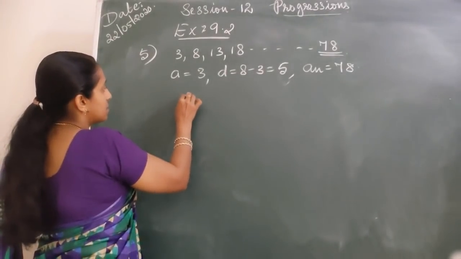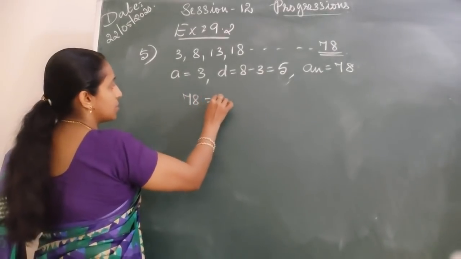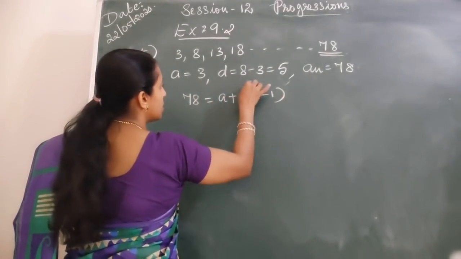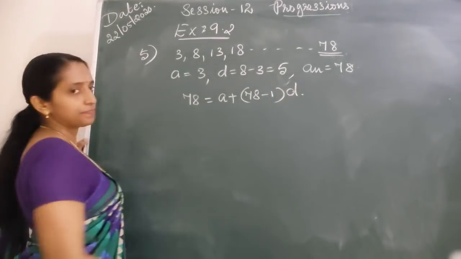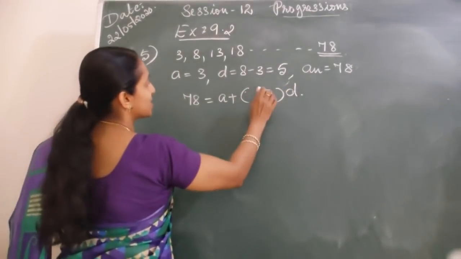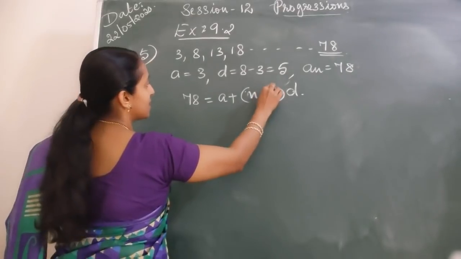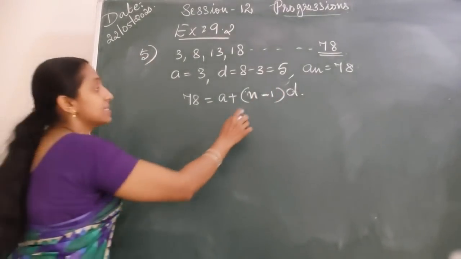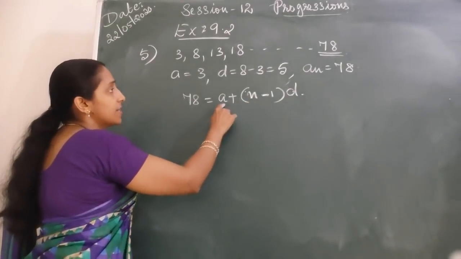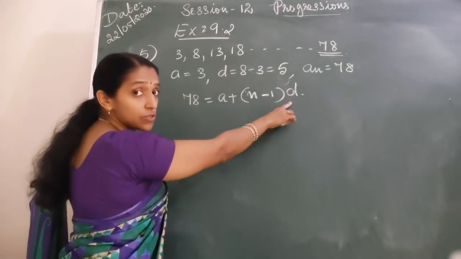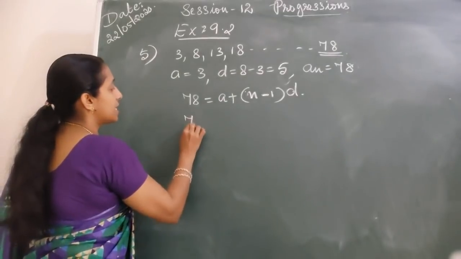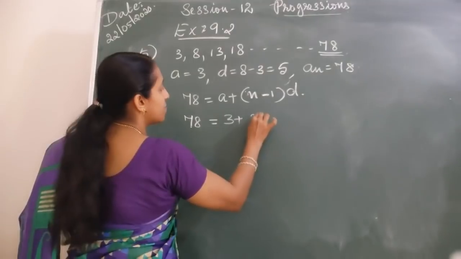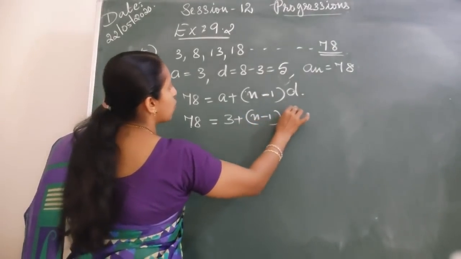That is 78 is equal to A plus n minus 1 into D. N is unknown. A is given as well as D is also given. So 78 is equal to 3 plus n minus 1 into 5.